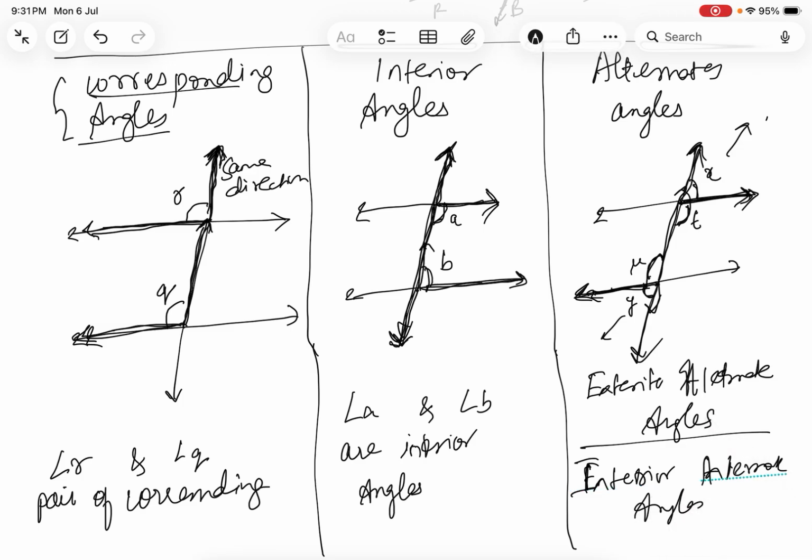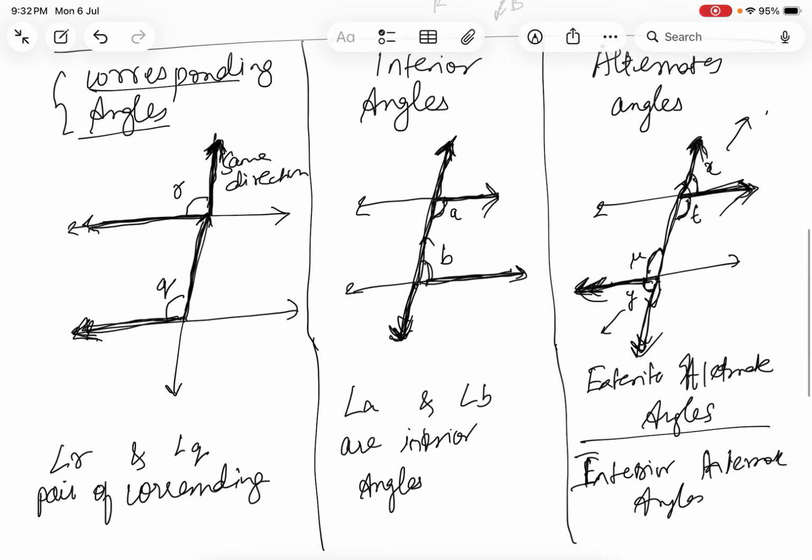Okay, so very important concepts. For corresponding angles, both arms will be in the same direction and on the same side of the transversal. In interior angles, one of the arms will be on the opposite side of the transversal and the other arm will be on the same side of the transversal. For alternate angles, one of the arms of the angles will be in the opposite direction and the other arm will be on the opposite side of the transversal.